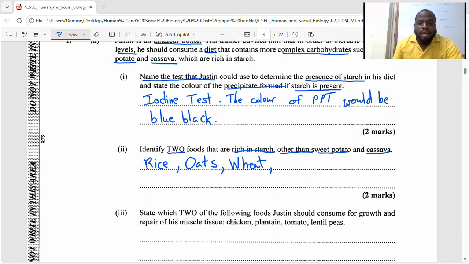We also have plantain. That's another source. Yam. Those are some of the items that you would be able to get the starch from as well. Corn is also another food that we can get the starch from. So any 2 of those should be good.